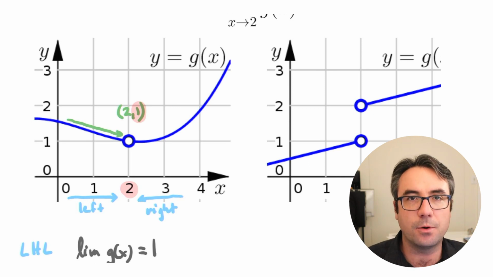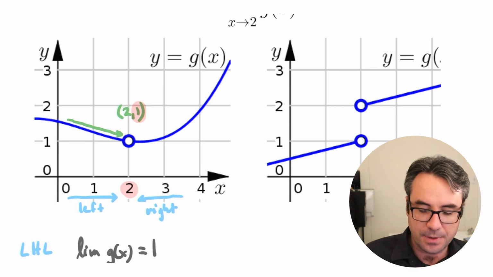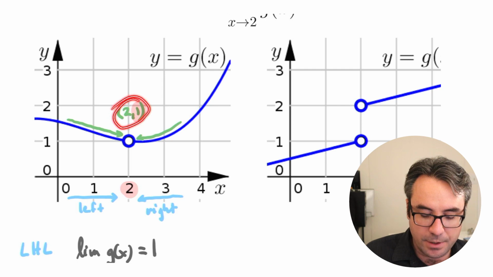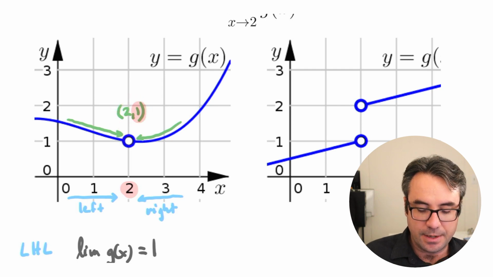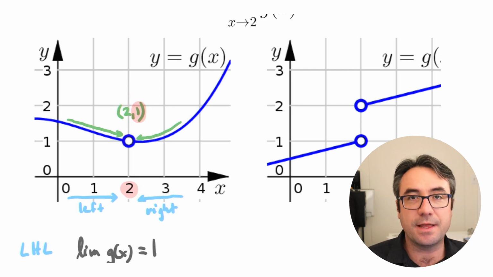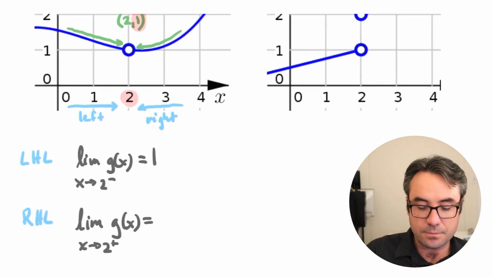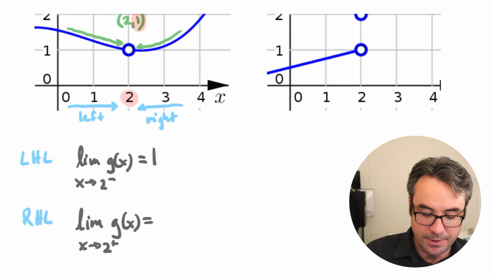I'm never going to get there, but what point am I heading towards? It looks like we're headed towards that same point, 2, 1. So the y-coordinate is the value of our limit. Our right-hand limit is going to be 1.